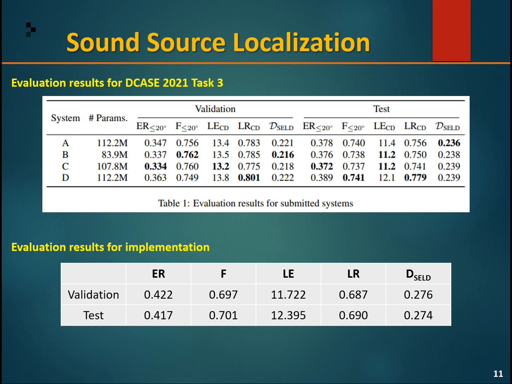Anyways, this table over here shows the submitted systems, and the ER stands for the error rate, and the F stands for the F1 score, and the LE stands for the localization error, and the LR stands for the localization recall, and the SELD score stands for the aggregated metric they use that's computed from different elements of the ER, F1, LE, and LR scores.